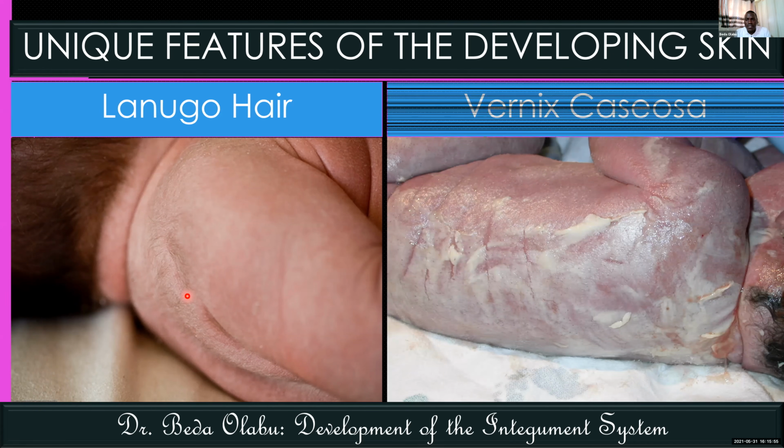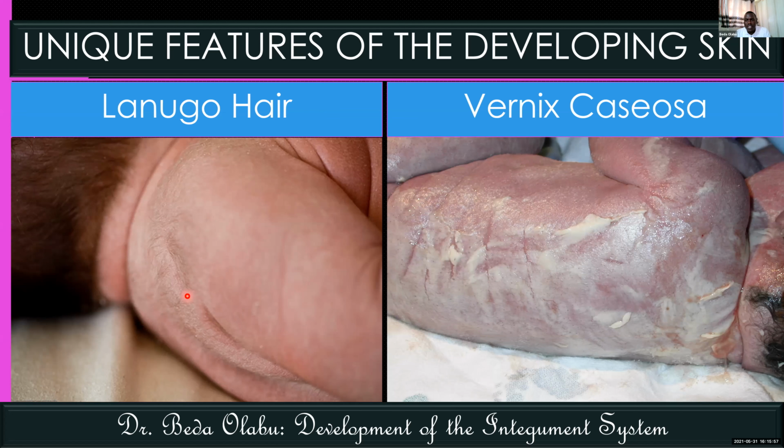There's something called vernix caseosa, which is just this whitish paste representing secretions of sebaceous glands and discoloration of the skin. This whitish paste is usually also present in the fetus. Then it disappears. As we approach term, the whitish paste will have disappeared.